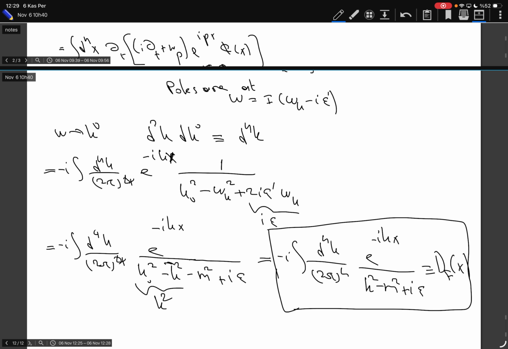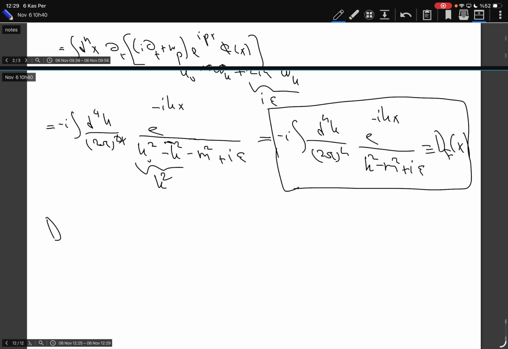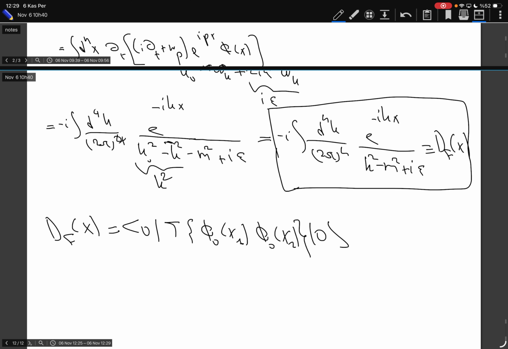Well, let me just sketch another way of deriving exactly the same Feynman propagator. You see, what we are calculating is this time-ordered product. And remember that phi satisfies this equation.